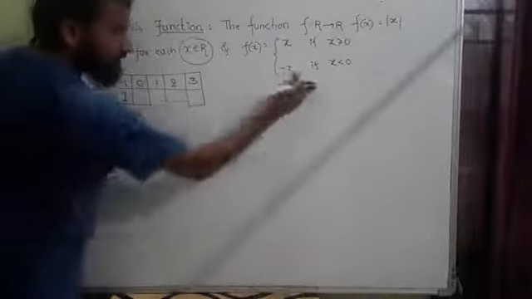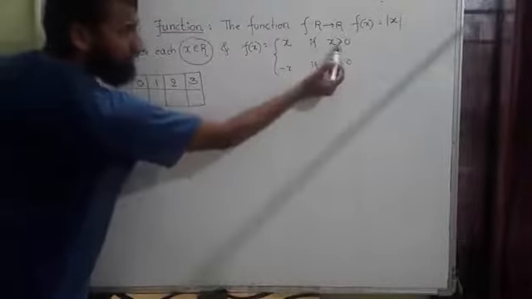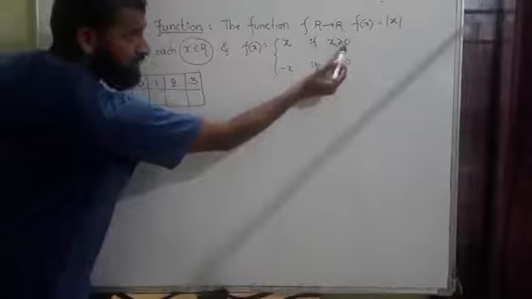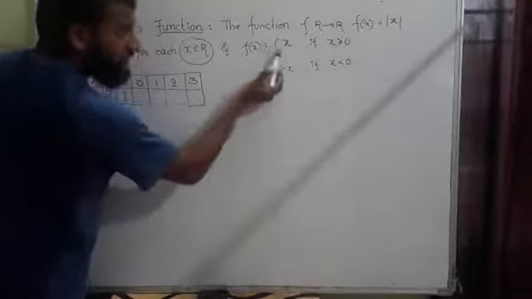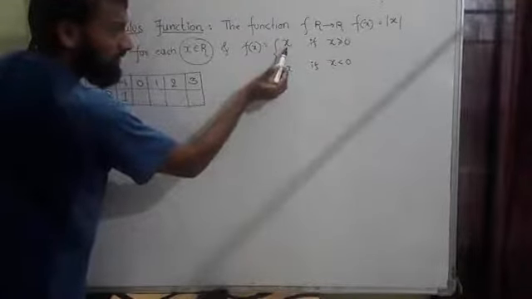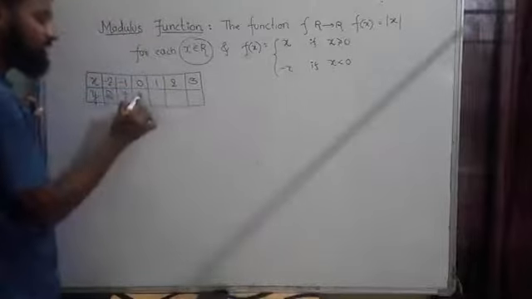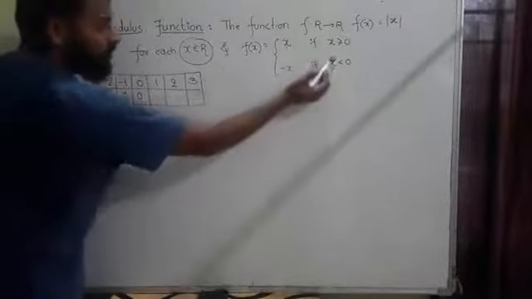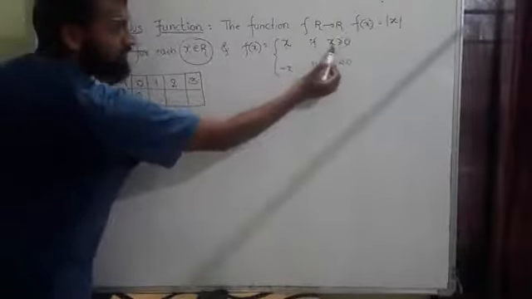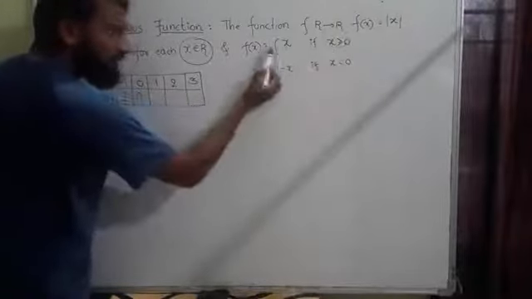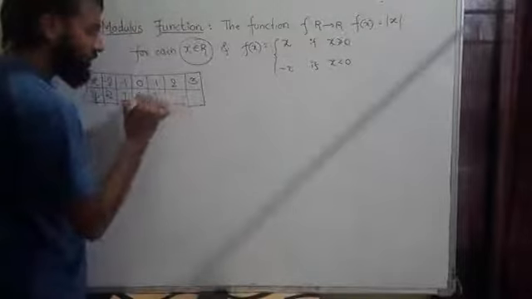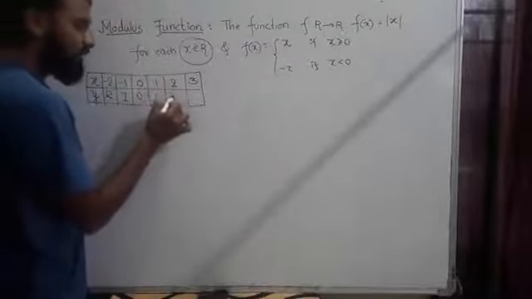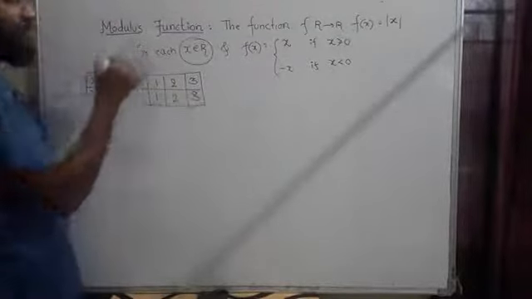If x is equal to 0, f of x is equal to x, so it will be 0. What if I take x equal to 1? 1 is greater than 0, right? So f of x is equal to x, and if you have taken 1, you have to write 1. Similarly for 2, it will be 2, and for 3, it will be 3.